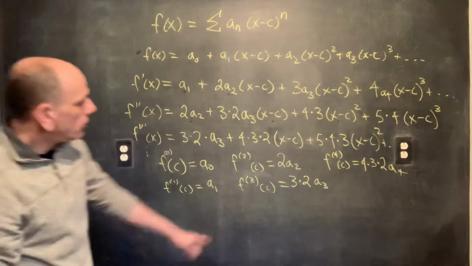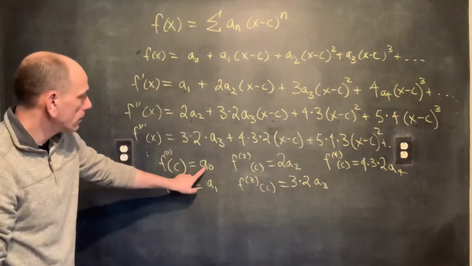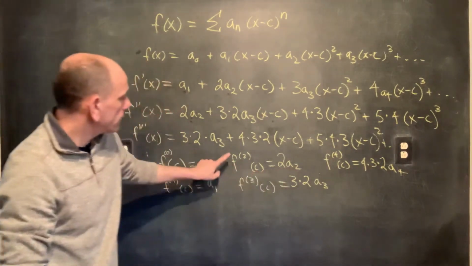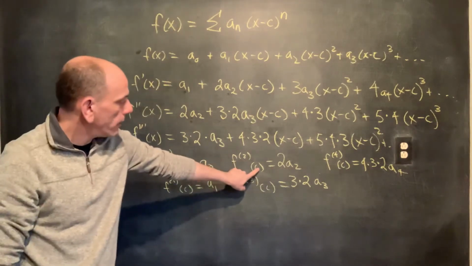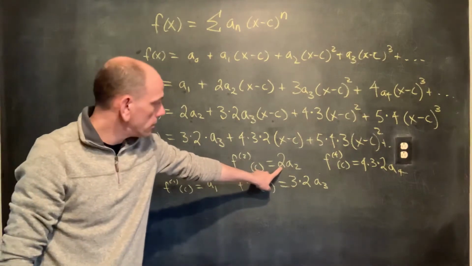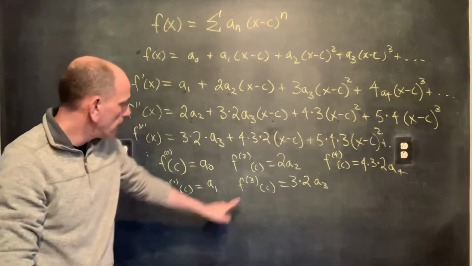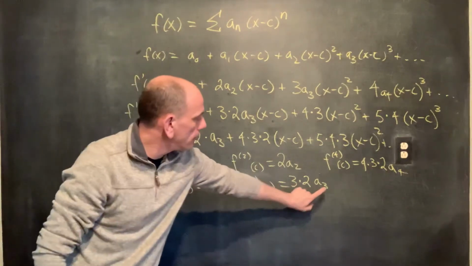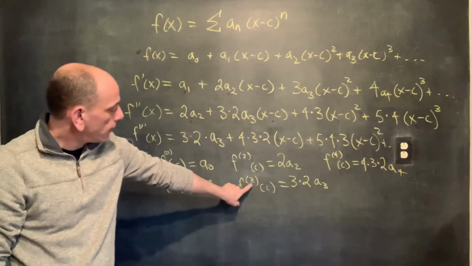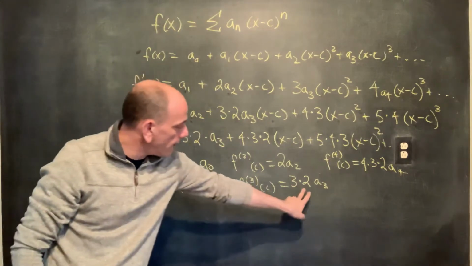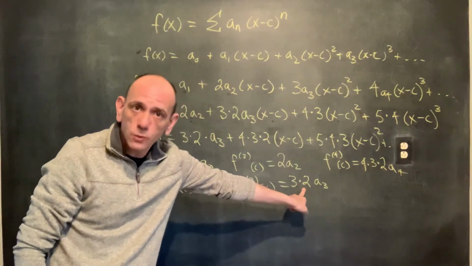All right, and now we can solve for each of these. a2 is the second derivative evaluated at the center divided by 2. Really, that's 2 factorial, right? 2 times 1. The third is the third derivative evaluated at the center divided by 3 times 2 times 1, 3 factorial.